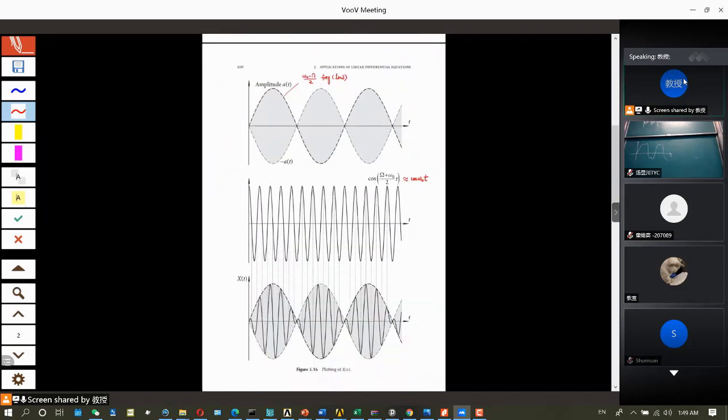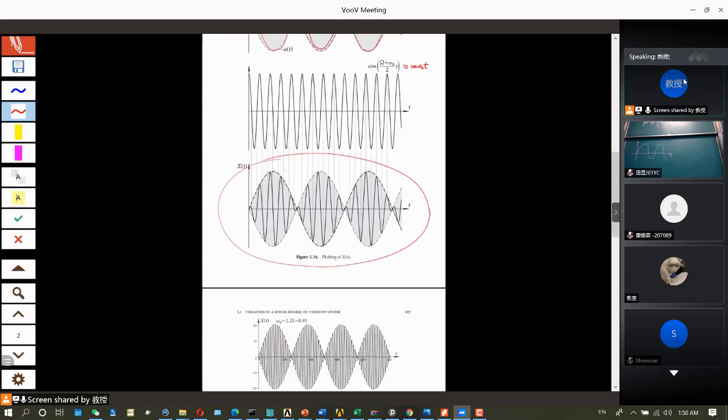Therefore, what we are plotting is we use this as the amplitude for the cosine omega 0 t. Okay, so you're basically fitting this function into here. Then we get the diagram here.